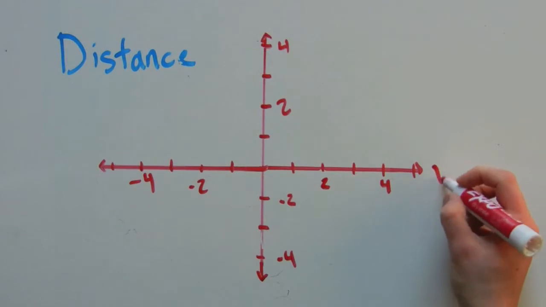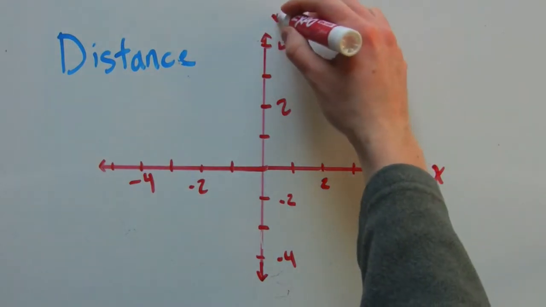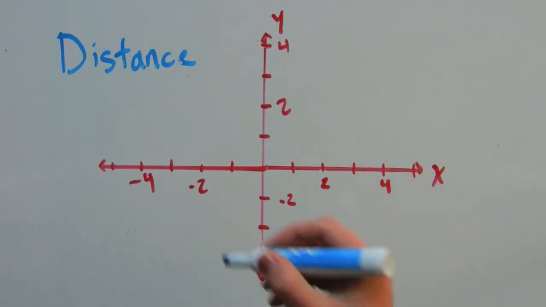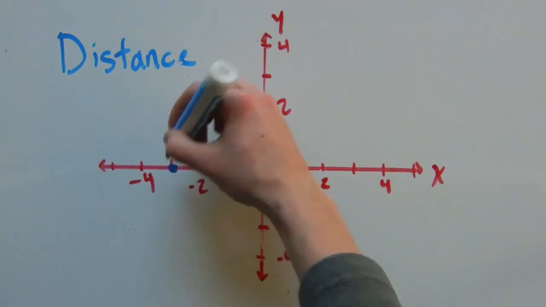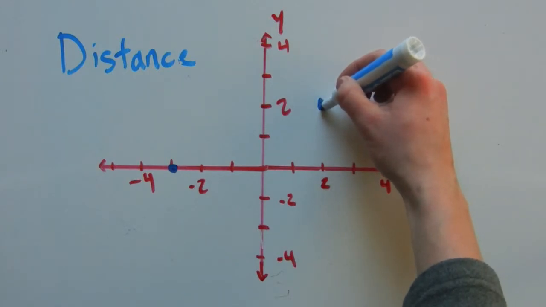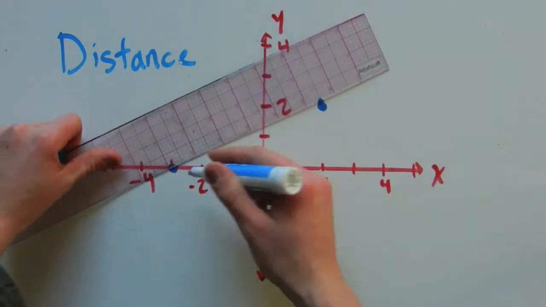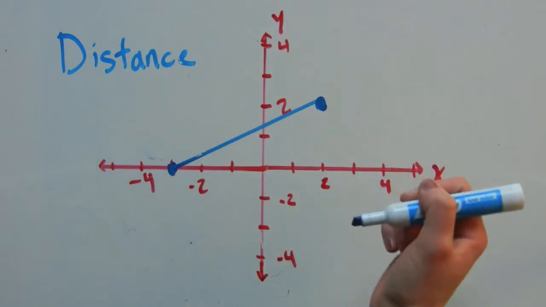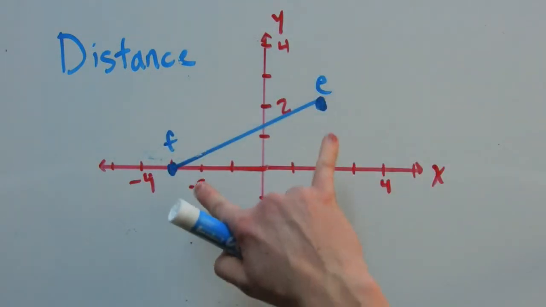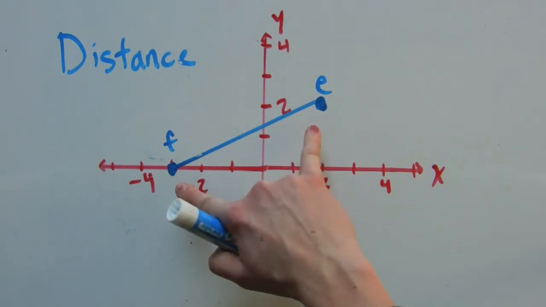So this is my x and this is my y. Now let's say we have to find the distance between this point and this point. So let's say this is point F and point E, and we need to find the distance between those two.